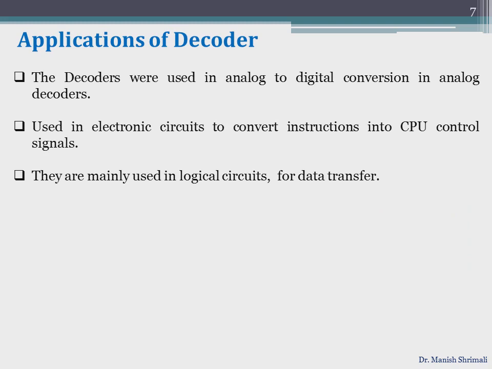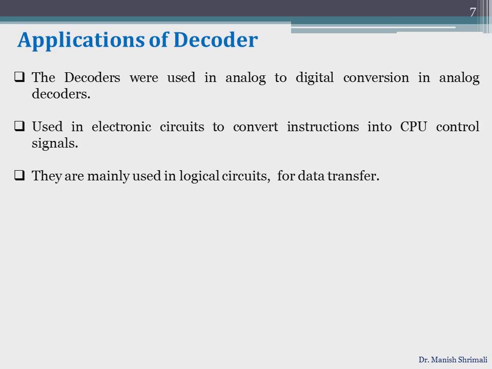Now next, the various applications of decoders are: decoders were used in analog to digital conversions in the analog decoders. Also, they are used in electronic circuits to convert instructions into CPU control signals, and they are mainly used in logical circuits for data transfer.